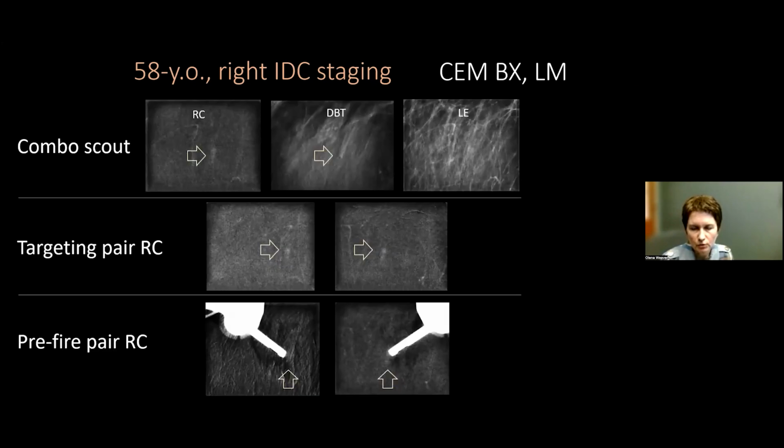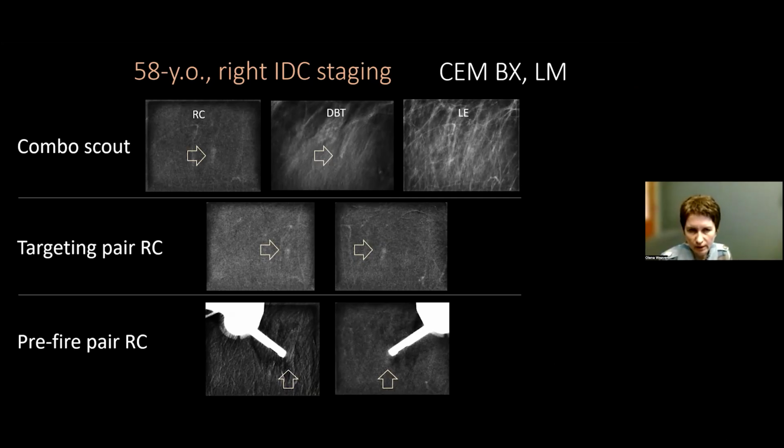And we decided to do a CEM-guided biopsy of our incidental non-mass enhancement in the right outer breast. On the top, you see our combination approach. This was a recombined image on the left. We did a DBT also under the same compression, and obviously on the right there is a low energy image and we cannot see anything at all.